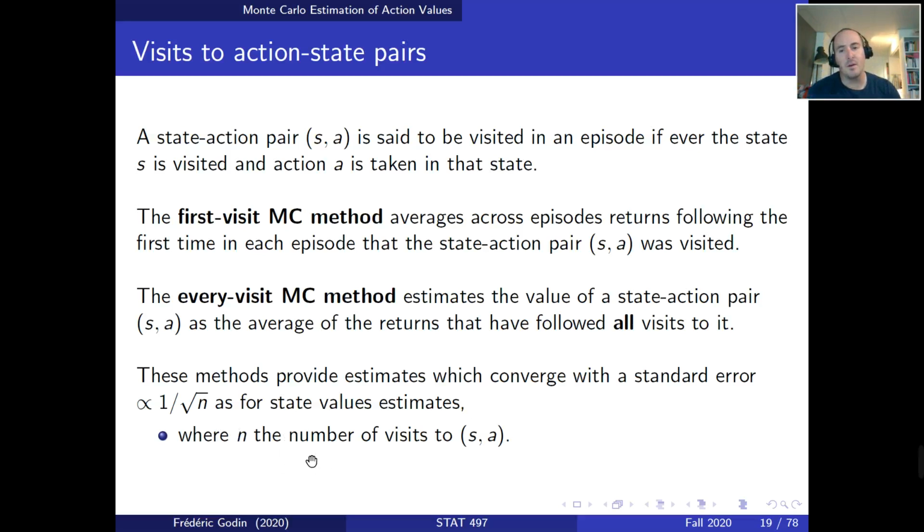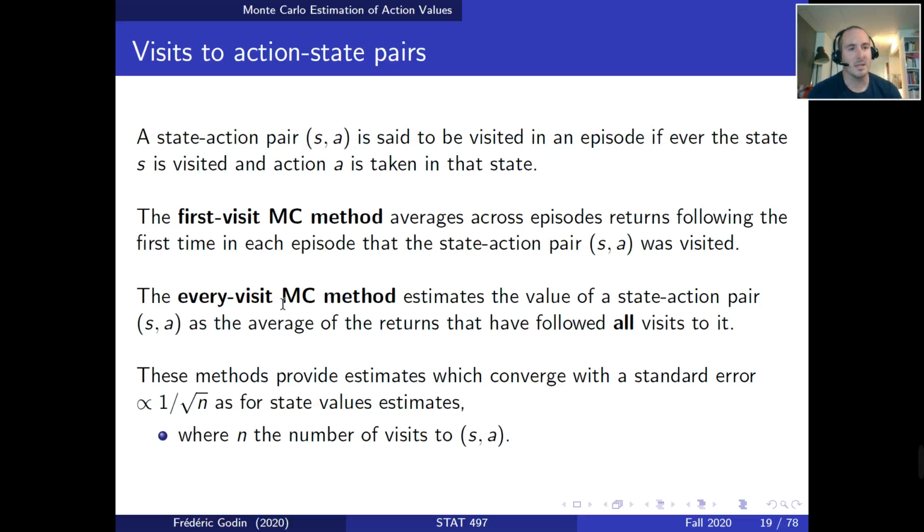In the first visit Monte-Carlo method, this is very obvious because all such returns are IID, because the various episodes are independent, whereas in the every visit method, there's some dependence between the returns if they come from the same episode.